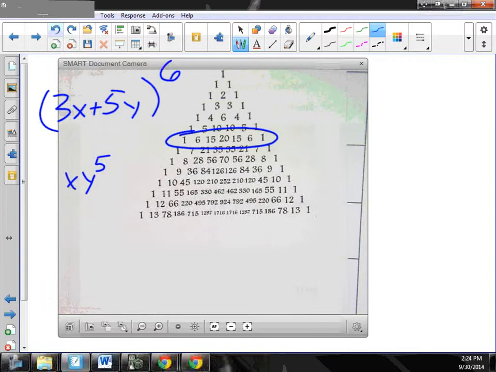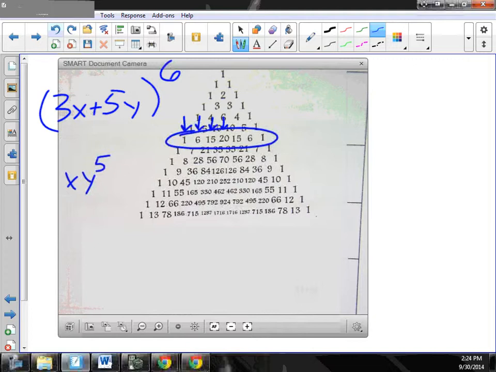What is my first term going to have in it as far as variables? This would be x to the 6th. This would be x to the 5th, y to the 1st. This one would be x to the 4th, y squared. And notice that 2 and 4 add up to 6. 1 and 5 add up to 6. 6 and 0 add up to 6. That will always be the case. So what term would this be?